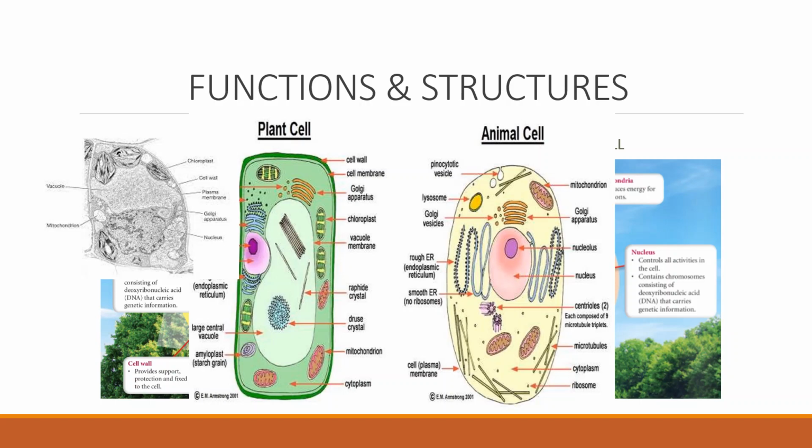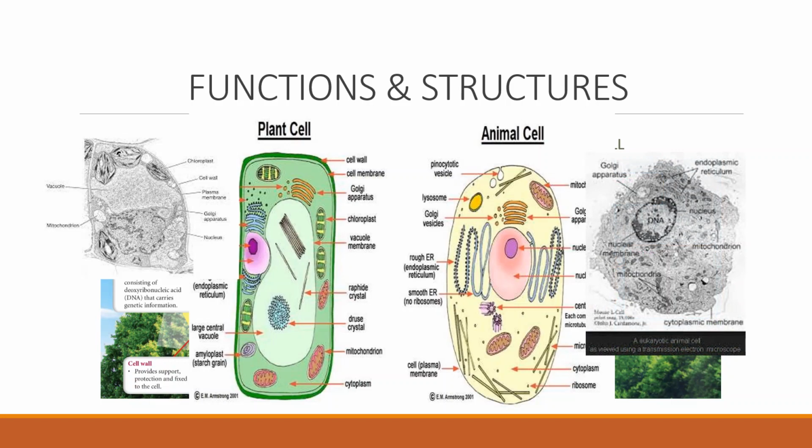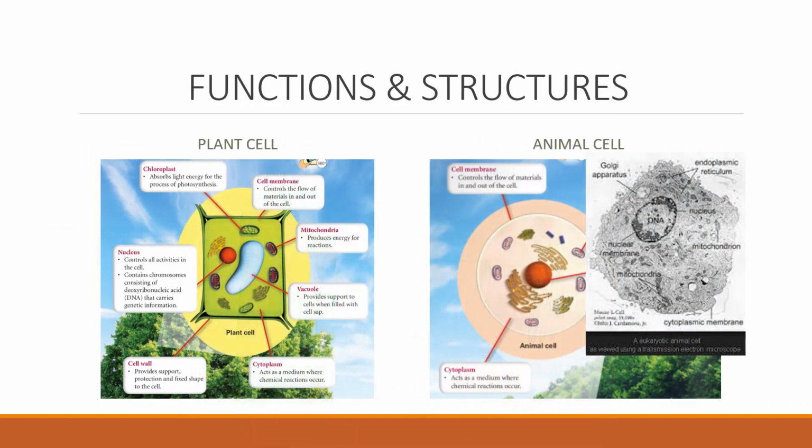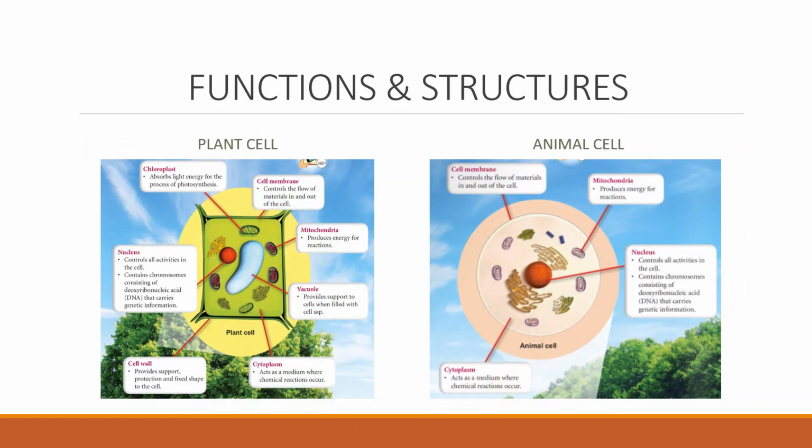Let me choose my highlighter. The electron micrograph for a plant cell is very detailed, and also the animal cell over there. So to make things simple, let's forget about this temporarily and focus on our syllabus.